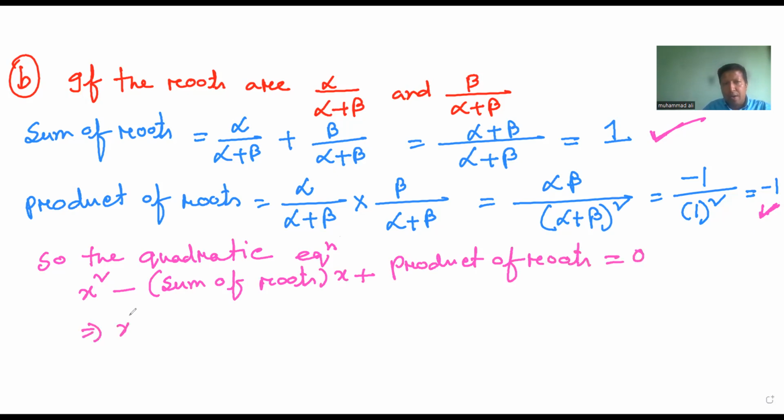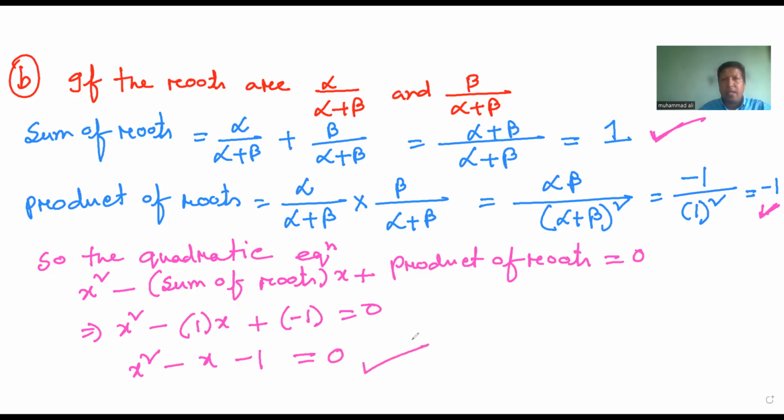So x square minus the sum of roots, which is here 1x, and the product of roots is here minus 1, equals 0. So finally we get x square minus x minus 1 equals 0. So I think everybody understands this maths. Thank you everybody for watching. Thank you.